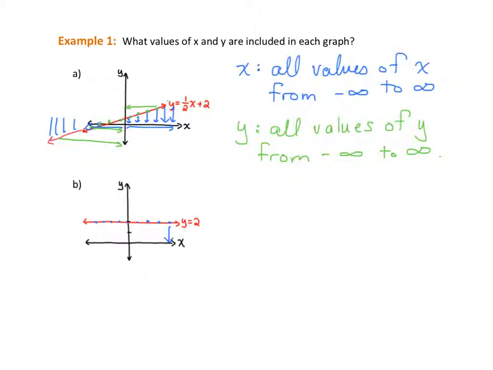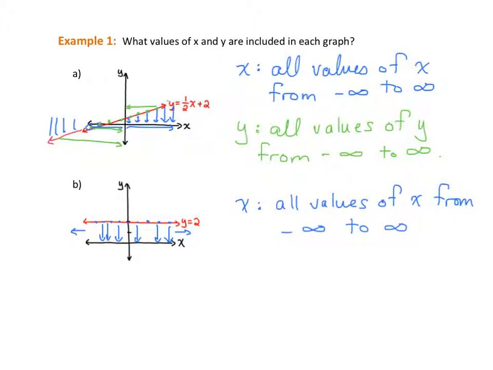Look down from all of those points to the x-axis. And it looks like all of these points are included, and everything in between, every x value is included in this graph. And again, it goes to negative infinity and positive infinity on the x-axis, so left to right. So again, we have all values of x from negative infinity to positive infinity are included.